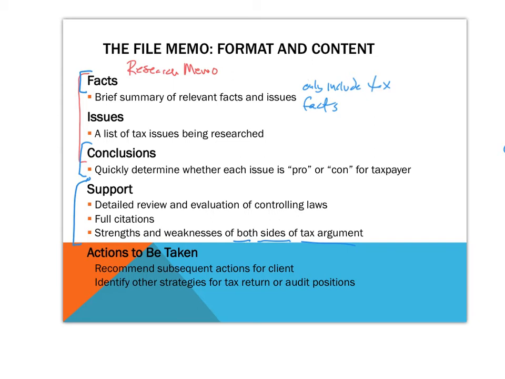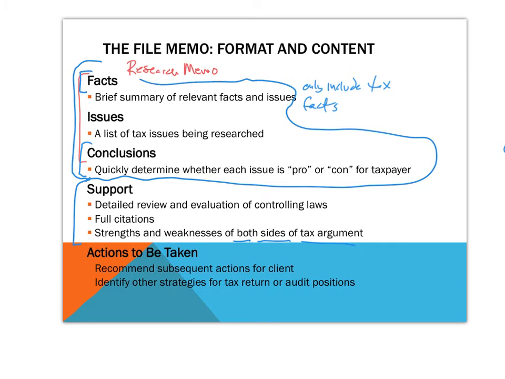All right. So the way this research memo is formatted tells us that this first section, right? If your partner gives you a research assignment and you do your research assignment, your partner can very quickly look at the facts, issues, and conclusions and get a feel for what is going on with this situation, all right?